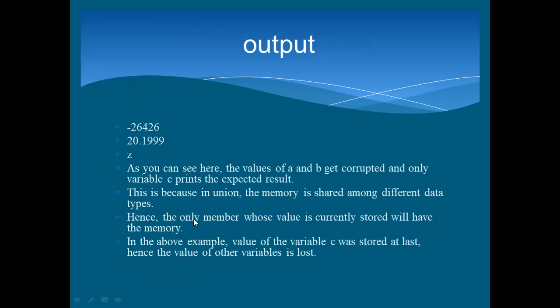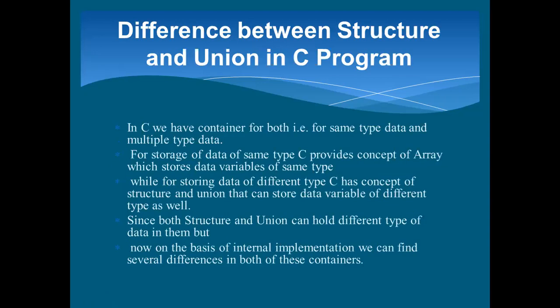Hence only the member whose value is currently stored will have the memory. Whatever value was accessed or stored latest in that memory location, only that value is available. In the above example, the value of variable c was stored last, hence the values of the other variables are lost. That means whatever value we place in the memory last, that value only it can hold. That is about the union.